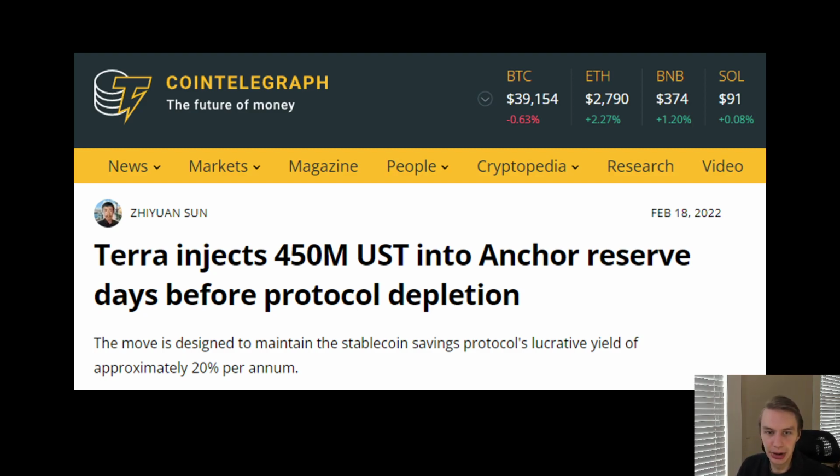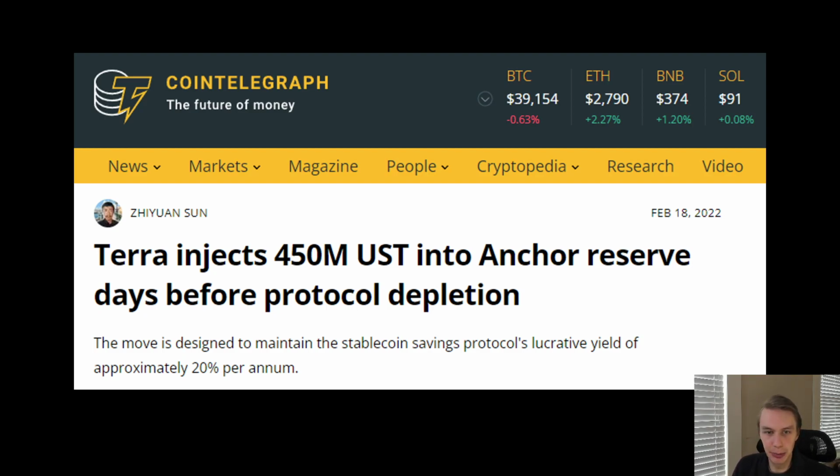You put in UST and you're earning pretty nice passive income on it, and it's a stablecoin. So as long as the Terra protocol stays robust and UST doesn't lose its peg to the dollar, you're shielded from the downside risk that volatile assets have in a bear market, and you're just gaining this passive income. I think that's very appealing to a lot of people in bearish markets: if people are feeling fearful about the market and don't want to be holding volatile assets, why not just switch over to a stablecoin and earn some passive yield on it.